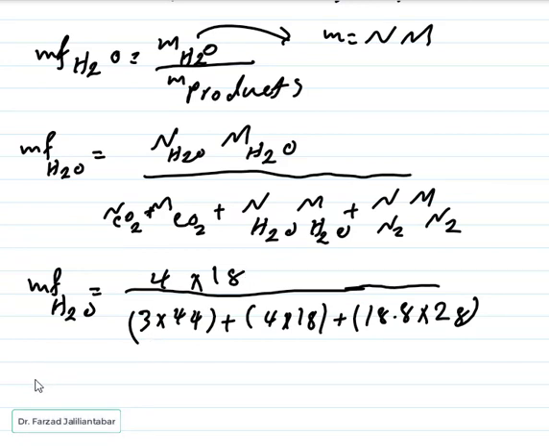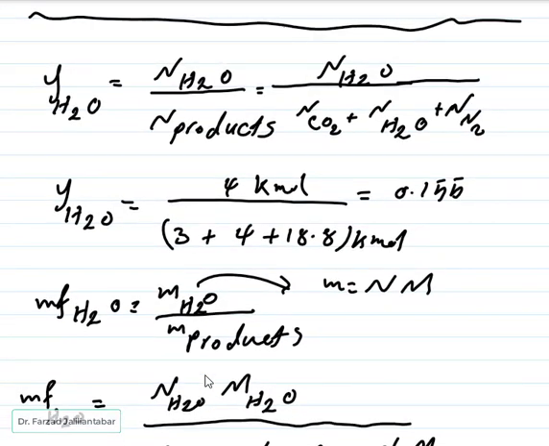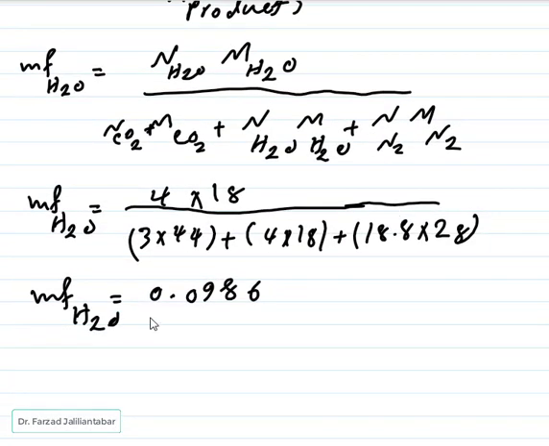So just by solving this equation, mass fraction of H2O will be 0.986. So this is the mass fraction, and the mole fraction is this much. So these two are the answer of the part B of the question.